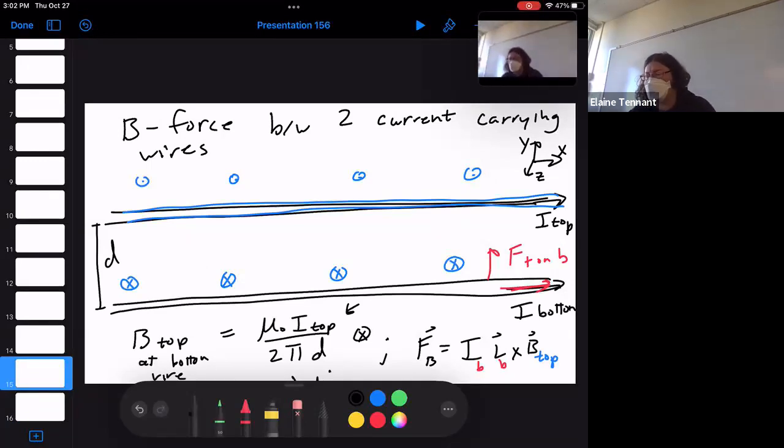A lot of times when you're doing this, you talk about this force in terms of unit length.